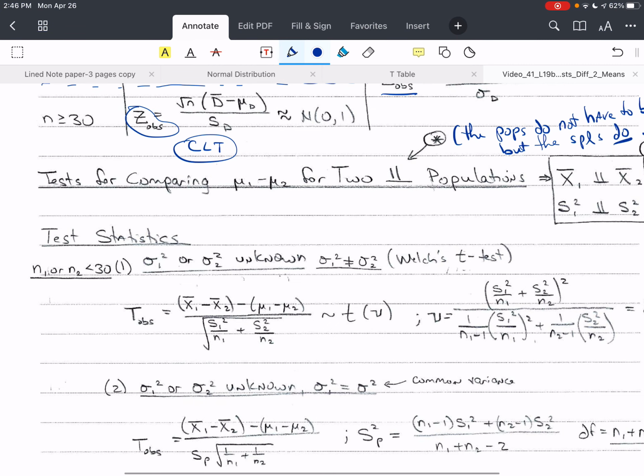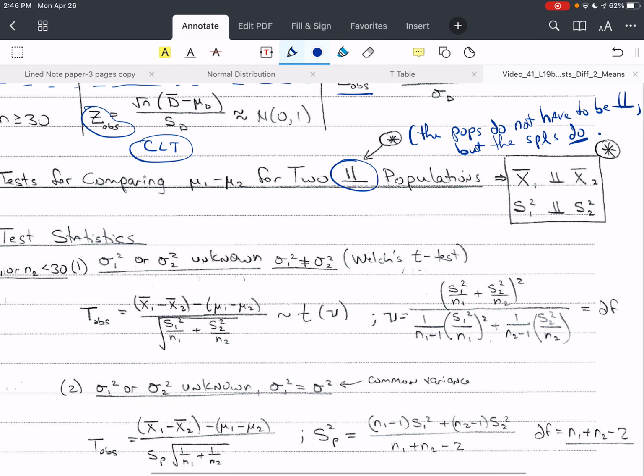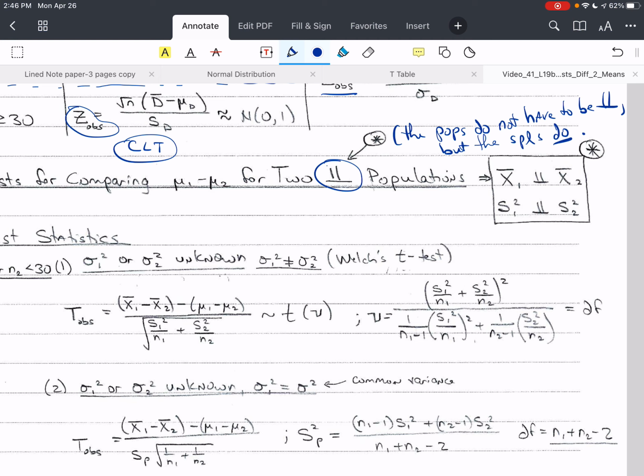Now we're going to talk about comparing two independent means, okay? So I say that the two populations are independent here, but that's not technically required. The two samples have to be independent. If the two samples are independent, then we're fine.